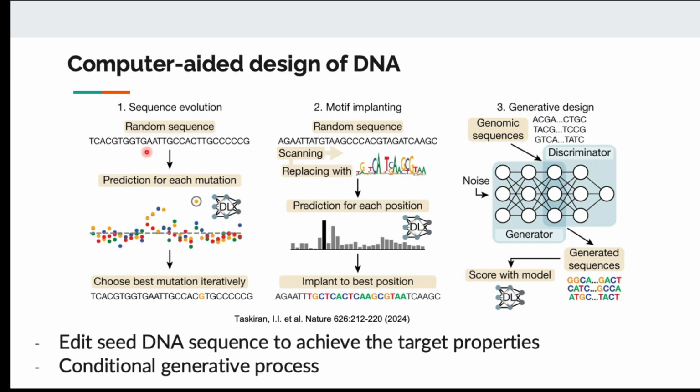Imagine if you start with maybe a random DNA, or maybe you start with a known gene, and you want to make a prediction of which part of the gene should be mutated to create a new gene that has the property that you want.